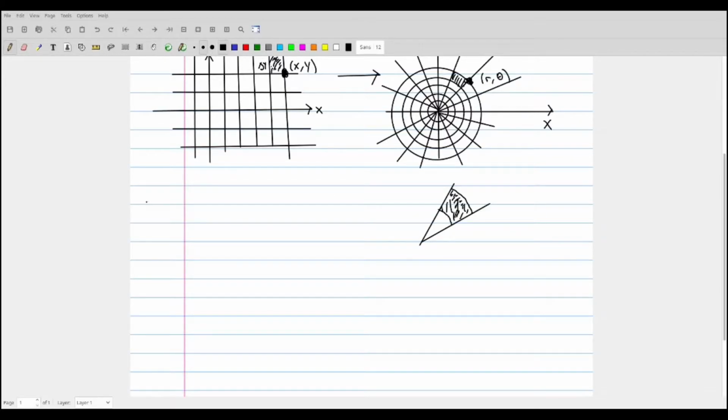You'll remember that when we did the Riemann sums in Cartesian coordinates, it was based on the area, or delta A_ij, of each small box in the partition, which is just delta x_i times delta y_j.